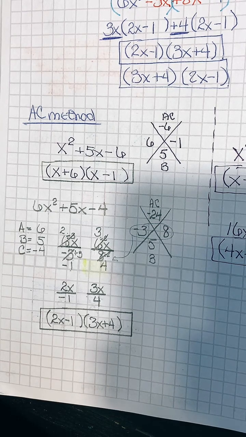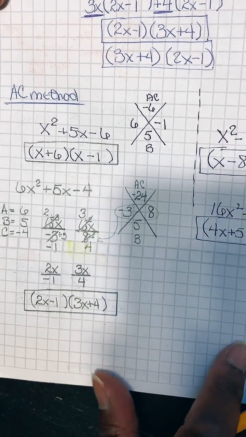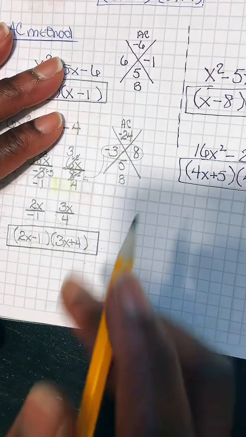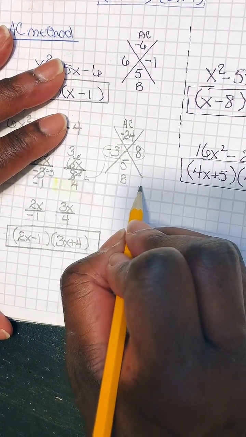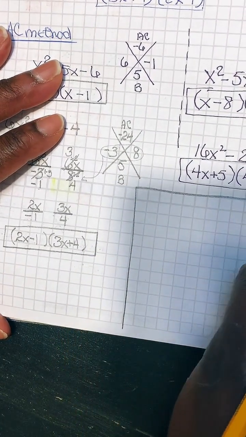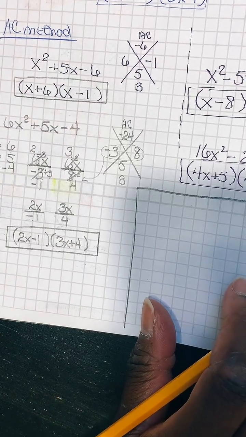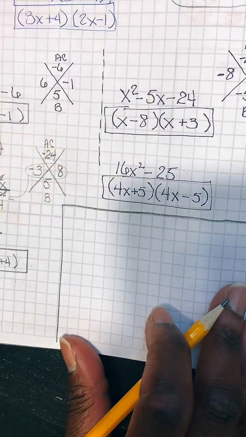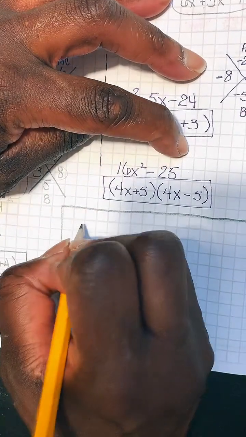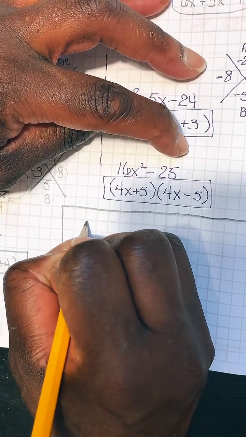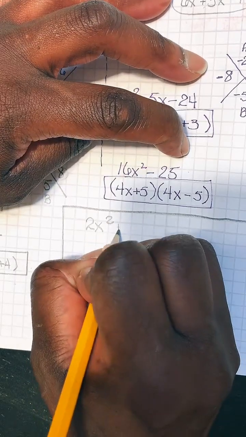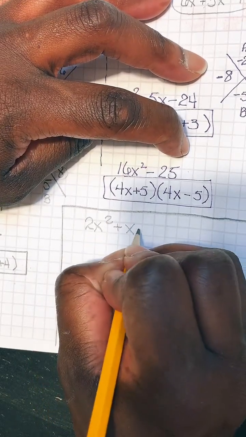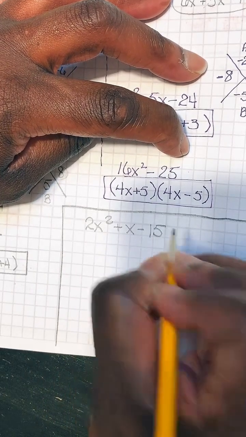Yes. All right. So, let me see if I can squeeze one more. Let me see if I can put it in this little spot right here. All right. Okay, so the original is 2x squared plus x minus 15.